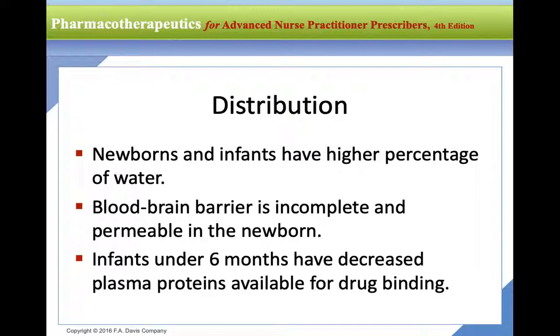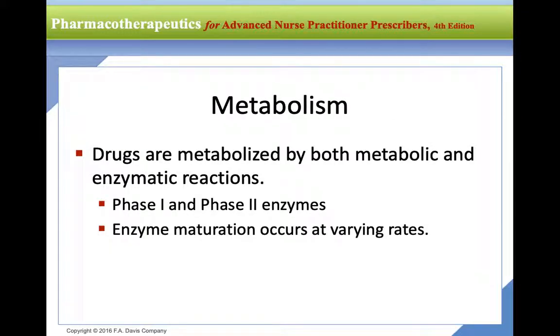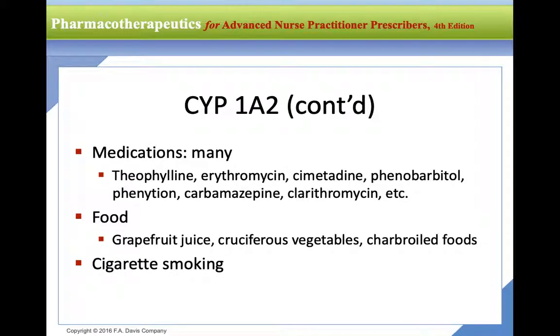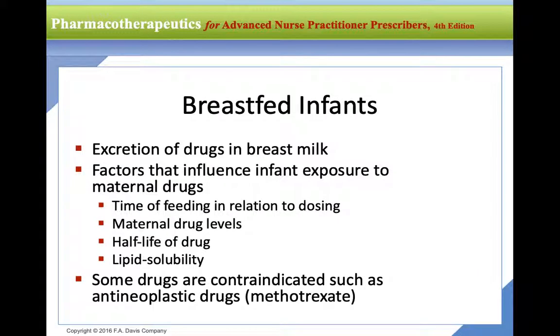So under 6 months, if you have a patient who has seizures, then you have to watch out for those protein-bound antiepileptics. Total body fat doesn't decrease until adolescence, and lean body mass increases more in males than females. And you can see here the differences in drug metabolism in infants and in children.